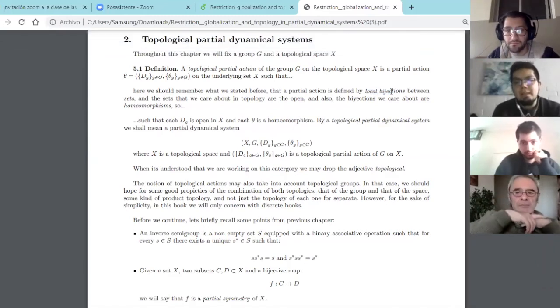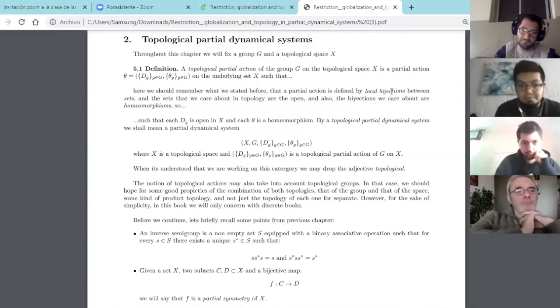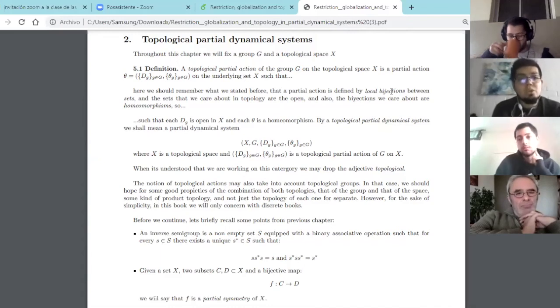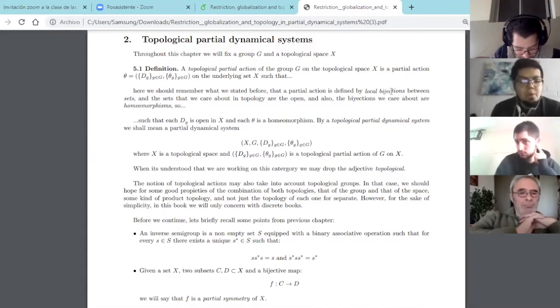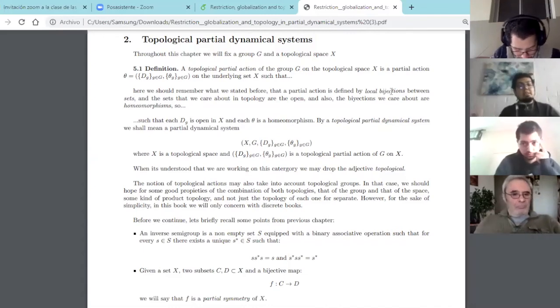But the partial actions are bijections whenever they can. And we are studying topology here, so we should ask them to be homeomorphisms. Also, as we have commented, we were just studying a set before, but the sets that we care about in topology are the ones that are open.